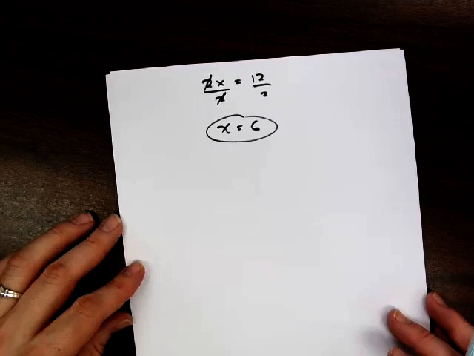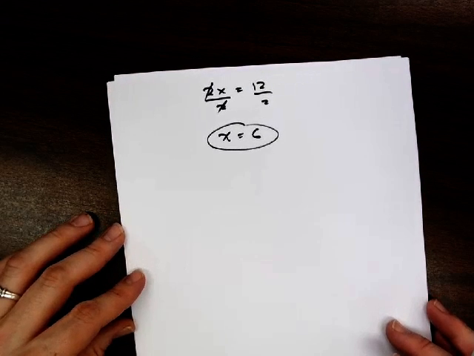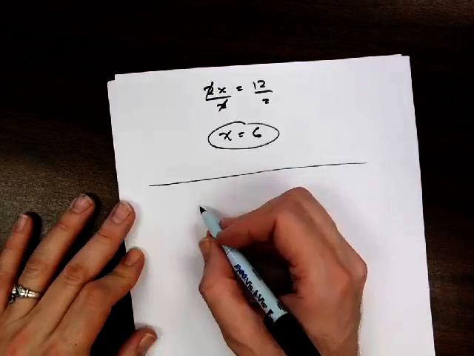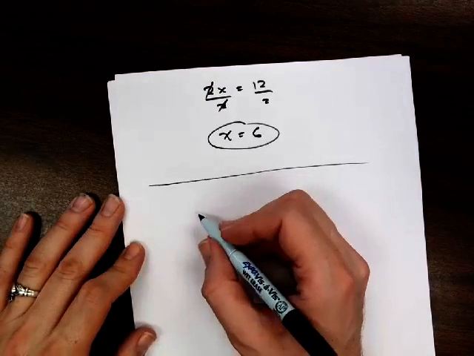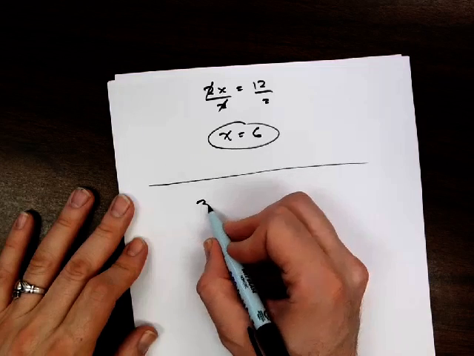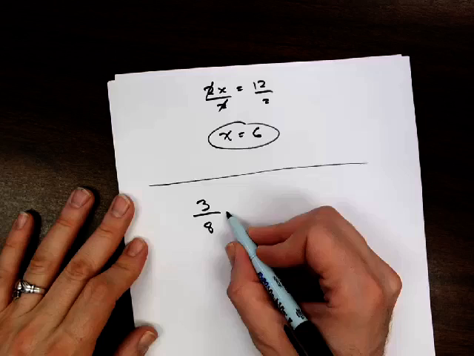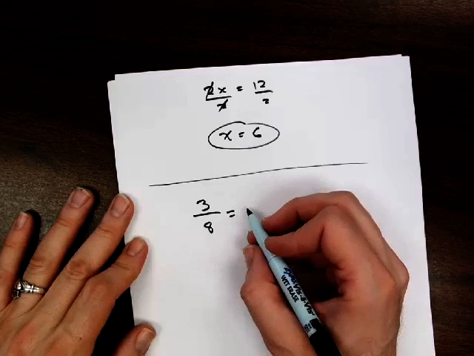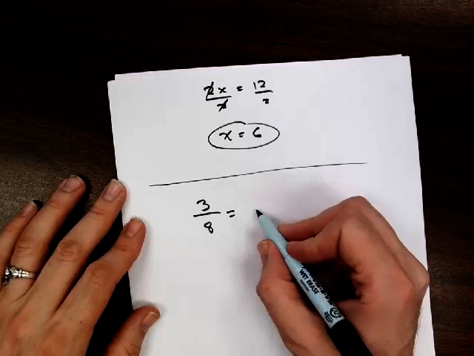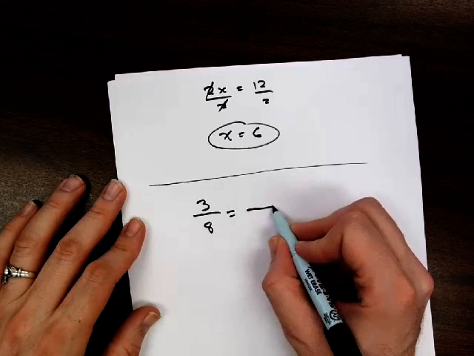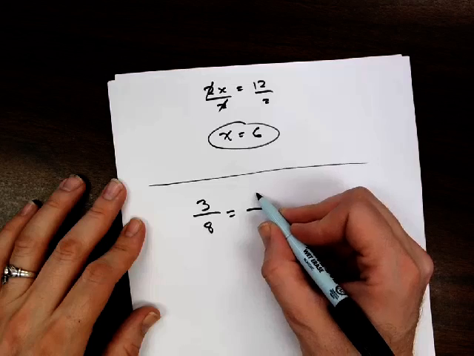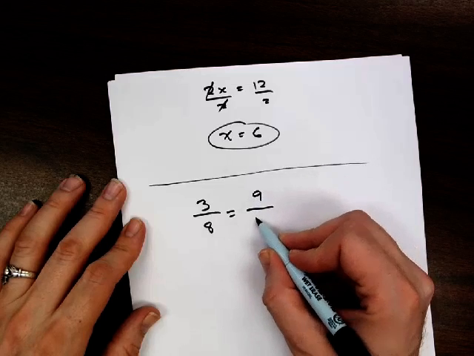Alrighty, let's say we've got 3 over 8 is equal to 9 over n.